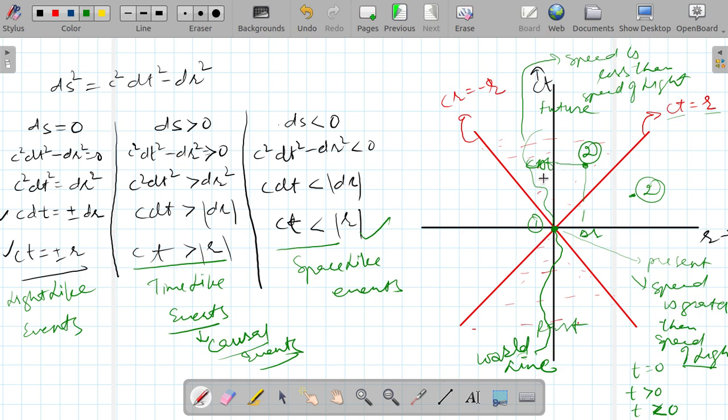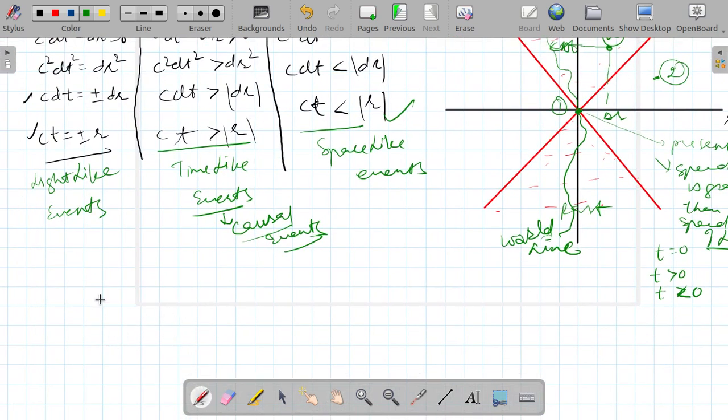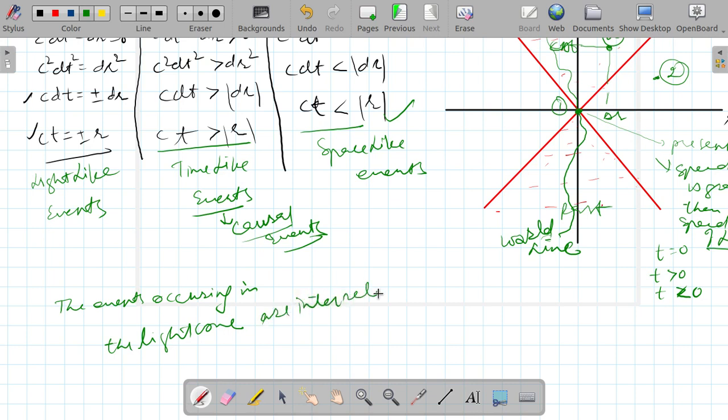So events occurring in the light cone are interrelated, and we can predict their past and future.